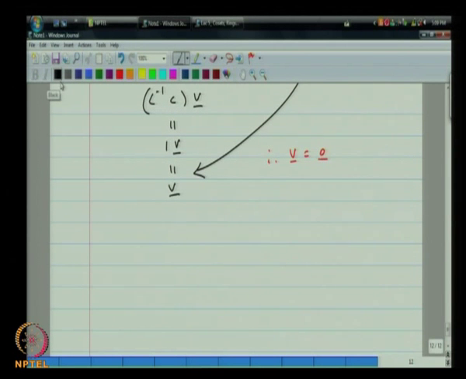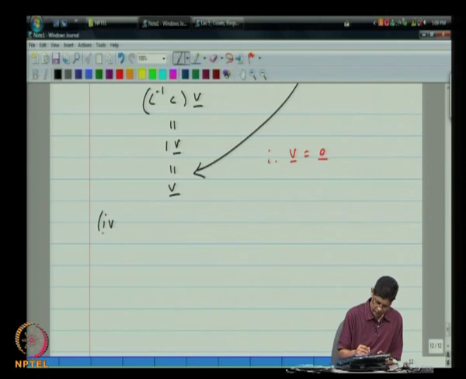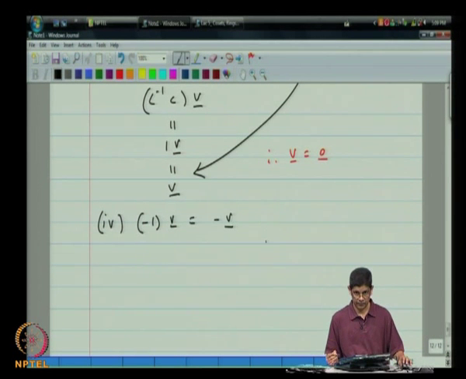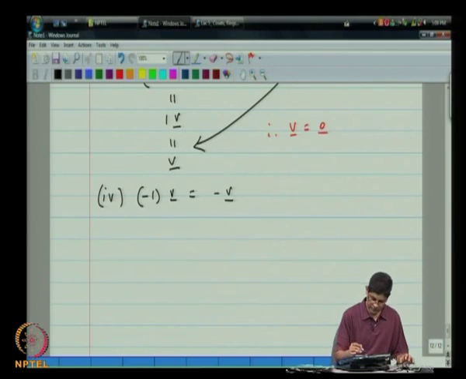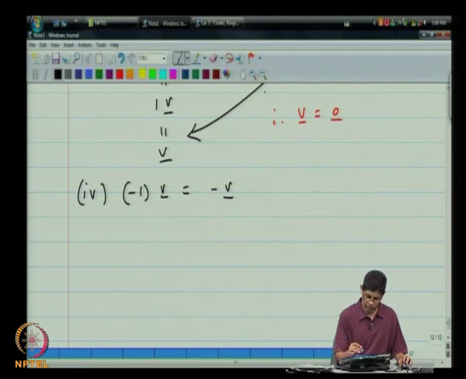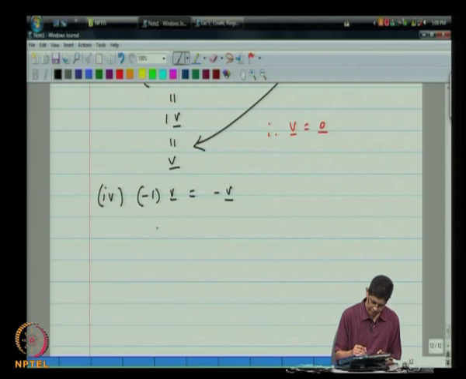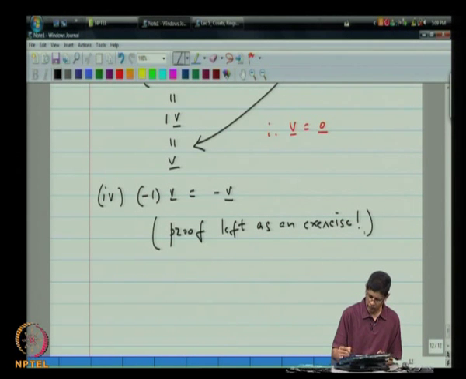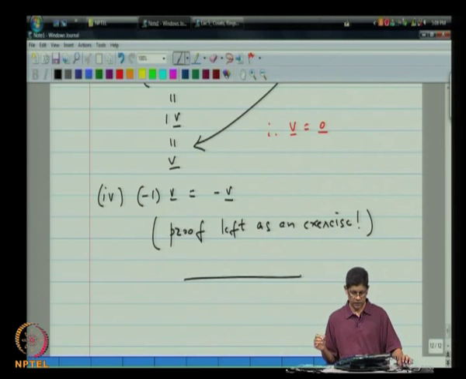Then as an exercise, you can try to prove that minus 1 times V is equal to minus V. That is something that you might want to try to prove on your own. All right. So, we are done with derived properties.